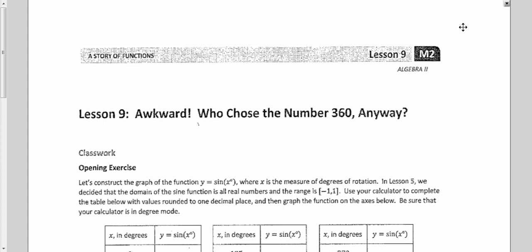Now, 12 more is 36. 12 more on that is 48, and 12 more on that is 60. Do we see how the Babylonians counted now? So 360 degrees is a remnant of the Babylonians and how they counted.